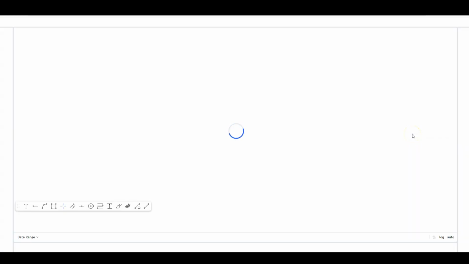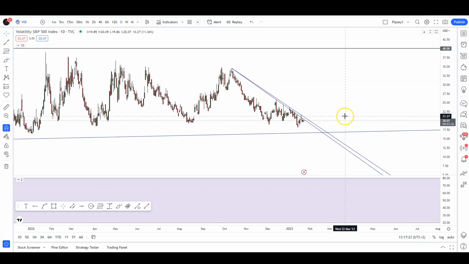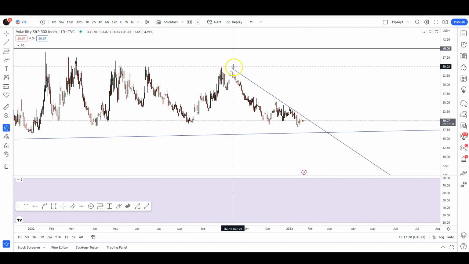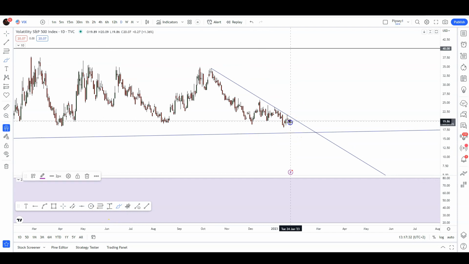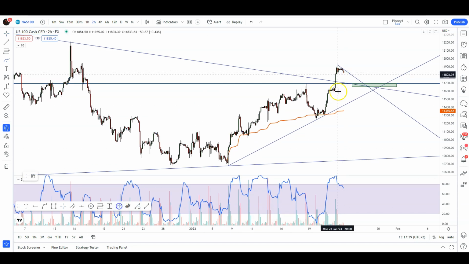Right? Let's look at this S&P. Look at the VIX. Yeah. So the VIX has been rejecting off this area. Resistance, resistance, resistance, resistance. Now it could push back up, reject off there again, and if it drops, we go up.